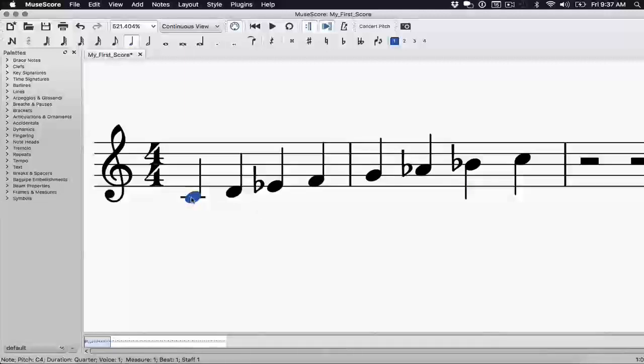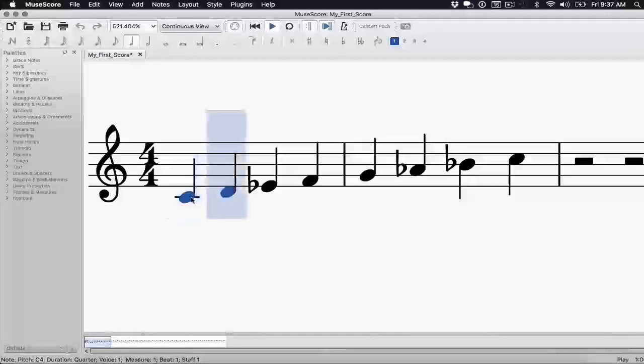Okay, so here's our minor scale. Now let's make it into a Dorian scale. You can define a Dorian scale this way: it is a minor scale with a raised sixth scale degree. So here we have a minor scale.